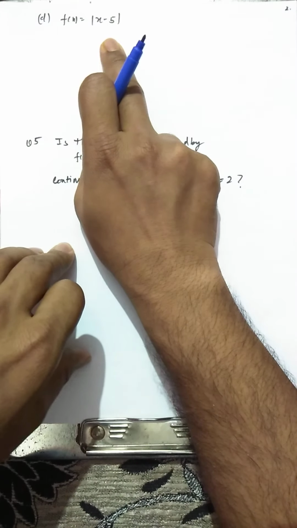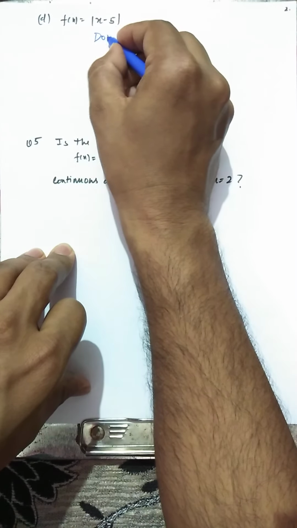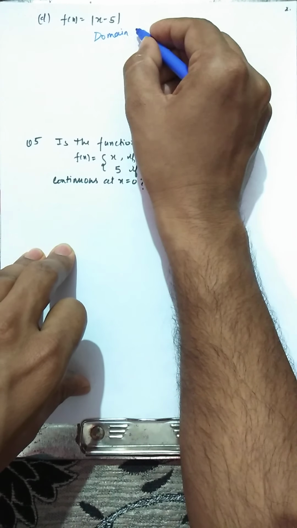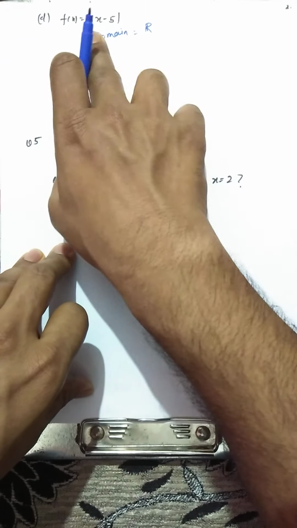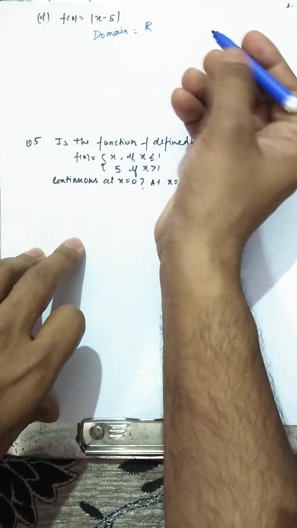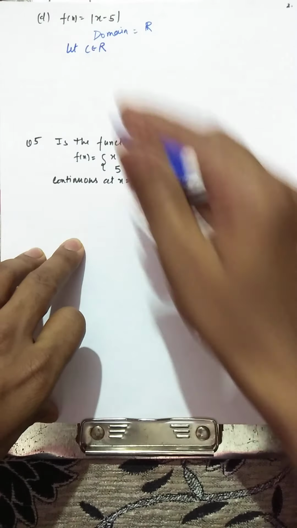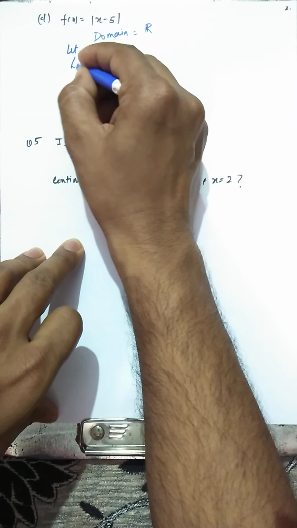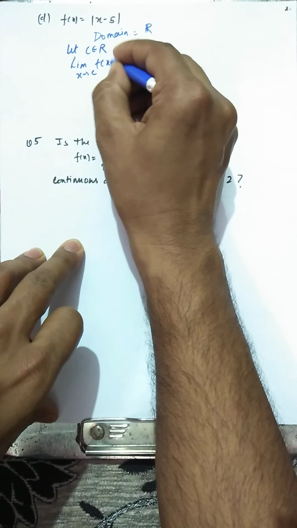Now we'll discuss this function. Again, you see the domain of this function is all real numbers, because for all real numbers this function is defined. So the domain is R. Now let C belong to R be a general point. Now we'll find the limit as x tends to C of f(x).